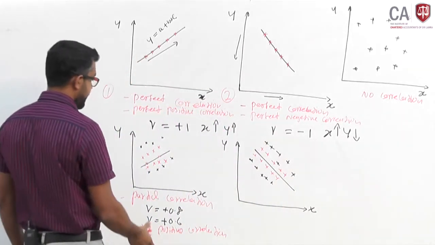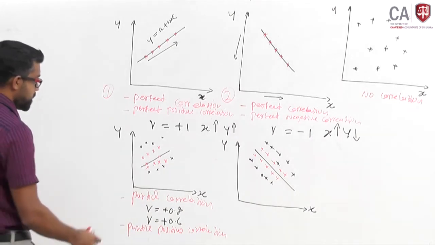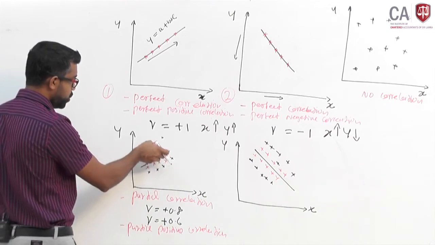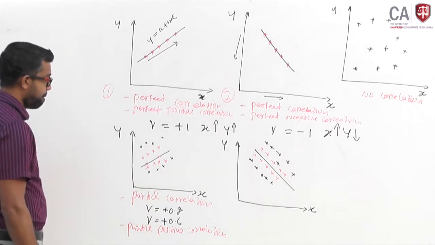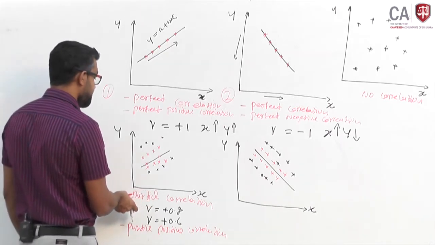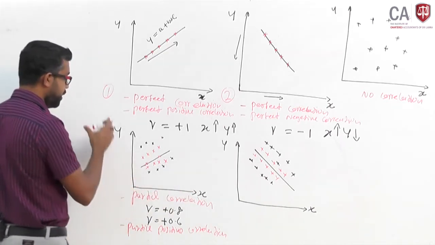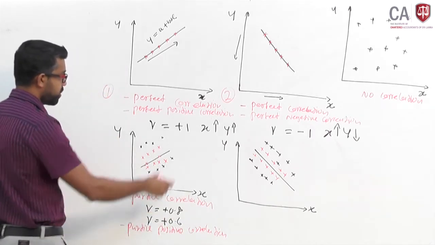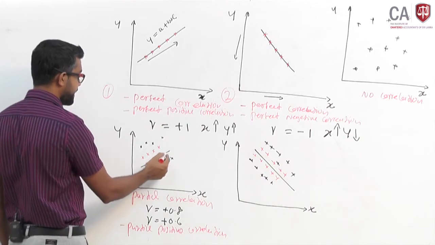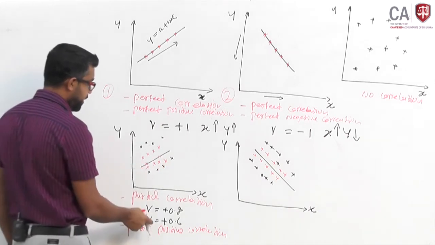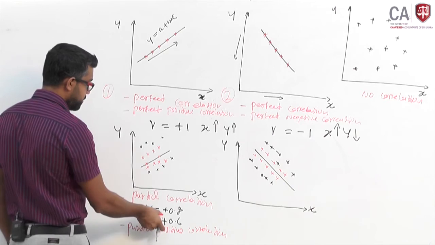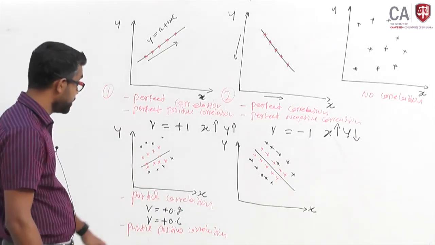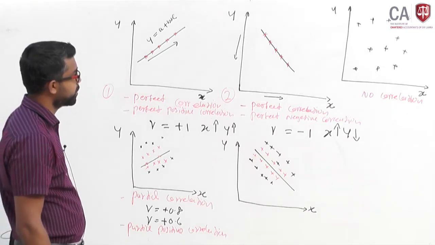Here variables are close to the regression line, which means as x increases y also increases, and the correlation coefficient is close to 1, not 1, which means the red dots. But if they are far away, not close to 1, maybe 0.6 or so, that is partial positive correlation.